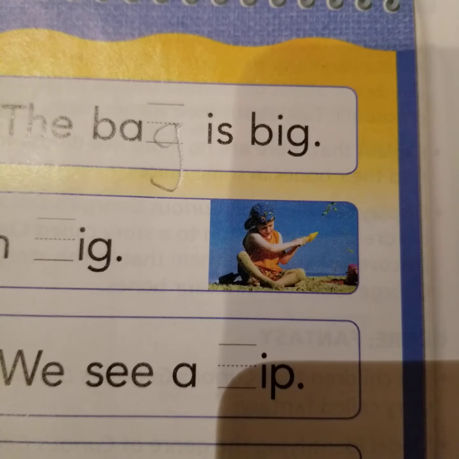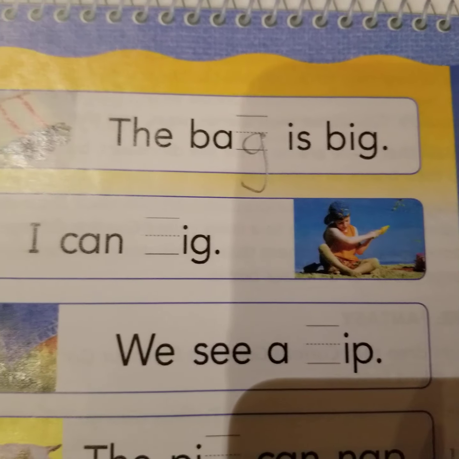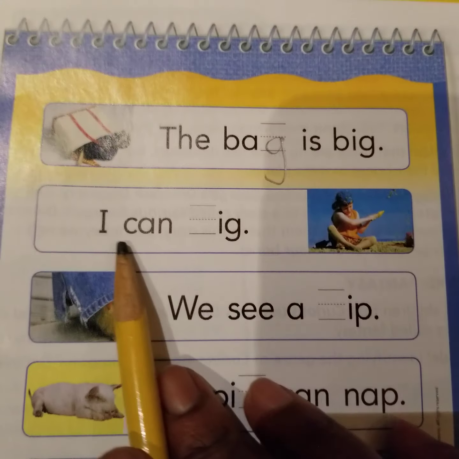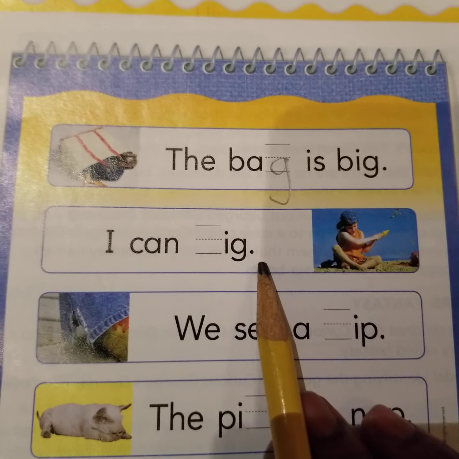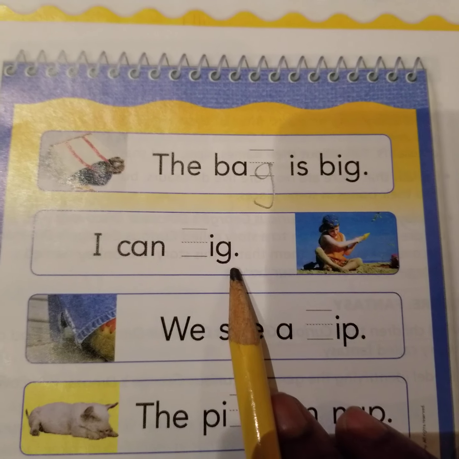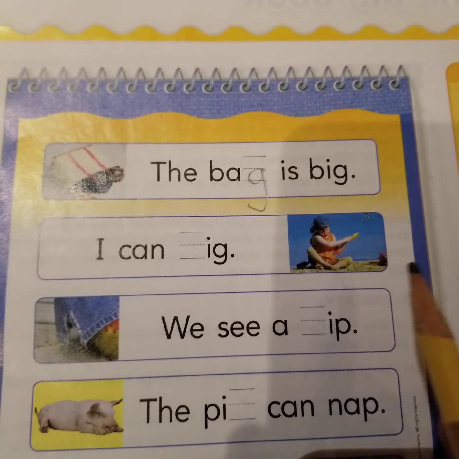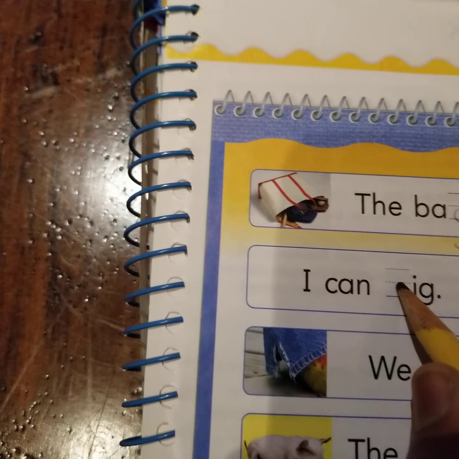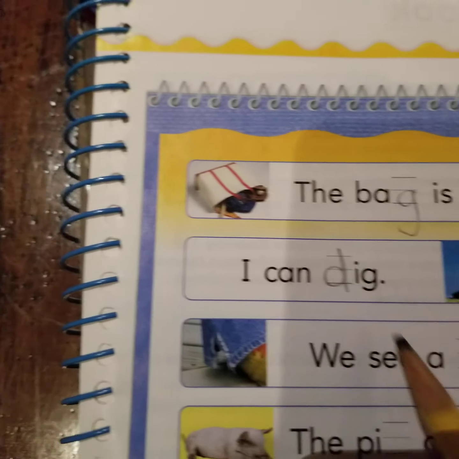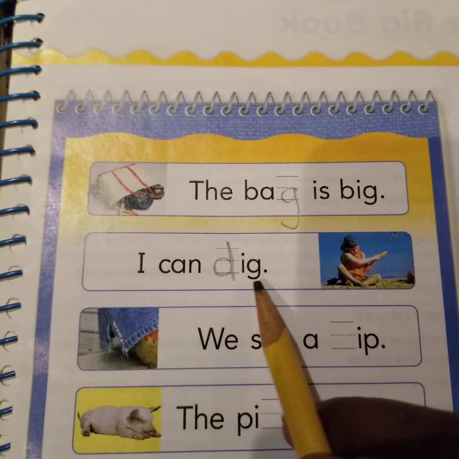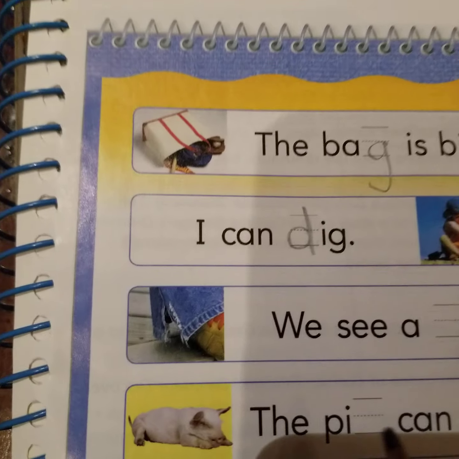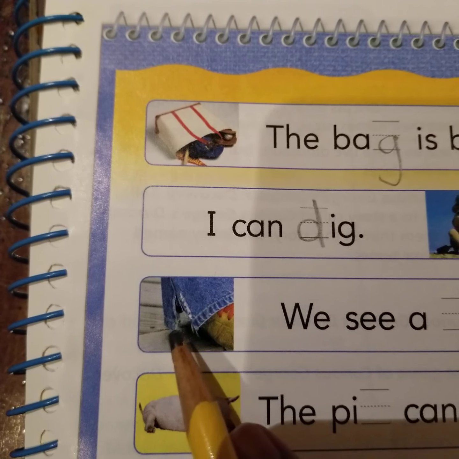And we see this young man. He looks to be at the beach doing something. And it says, I can ig. What letter is missing there? What is he doing? That's right, he's digging. So I can dig. So the letter D should be there. Dig. And we see these pair of jeans.